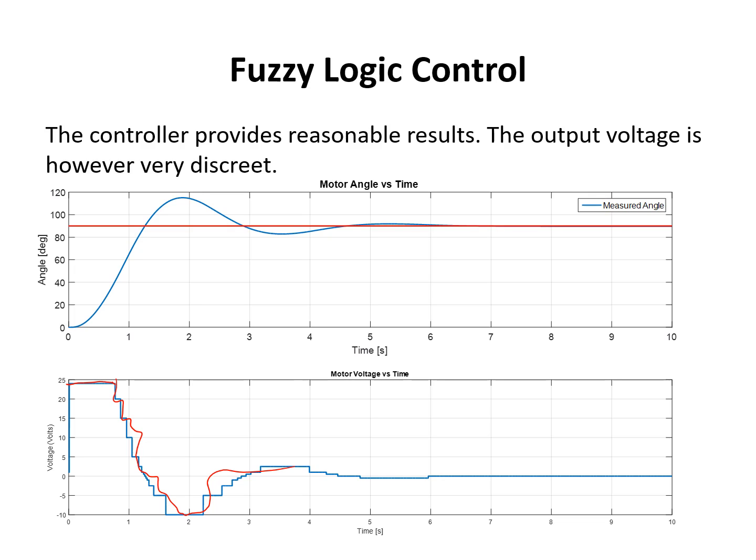The only problem is that the output is quite blocky, so we don't have a smooth output. We go from 24 volts to 20 volts to 15 volts to 10 volts and so forth. We might get better, smoother control if we have a much smoother transition between these two.